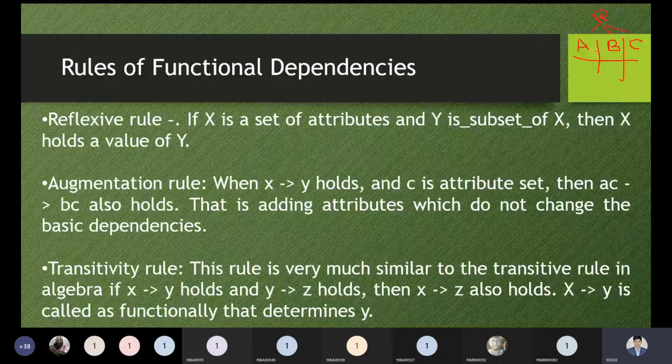Now, how can you understand? Suppose A is an attribute which depends on B, and B is an attribute which depends on A. Practically, if we need to determine the age, what is the attribute by which we can determine the age? That is the date of birth.